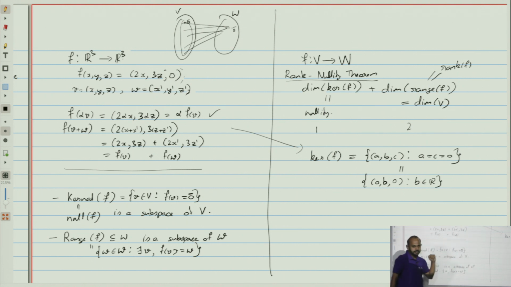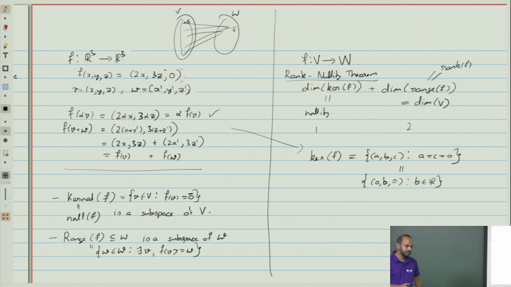Yes. Second thing: if the dimension of W is less than V, can we still write that f maps from V to V? If f of V spans W, so instead of writing V to W, can we still write V to V? Because you said the codomain is not equal to the range.